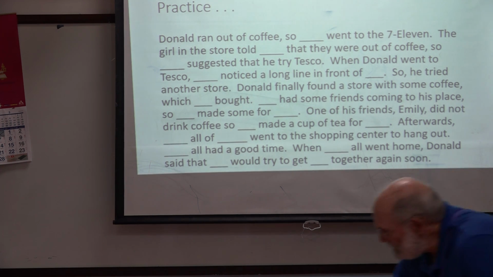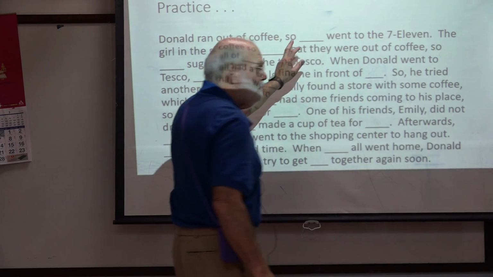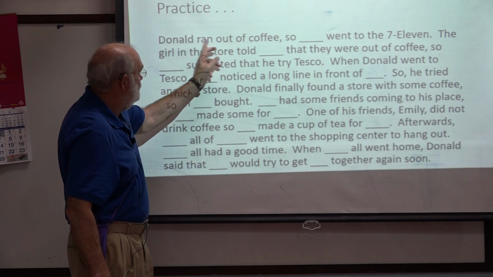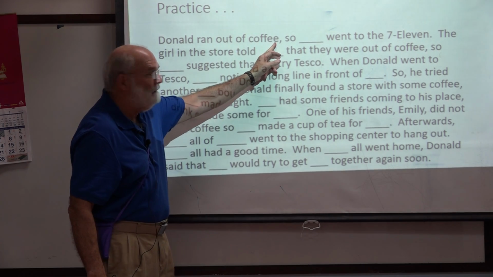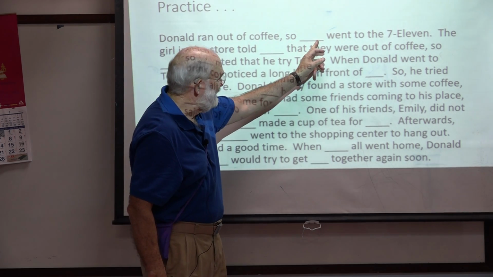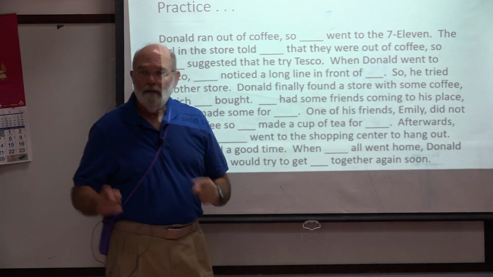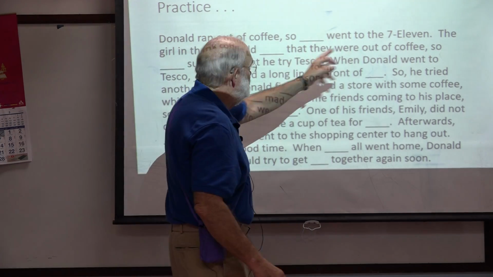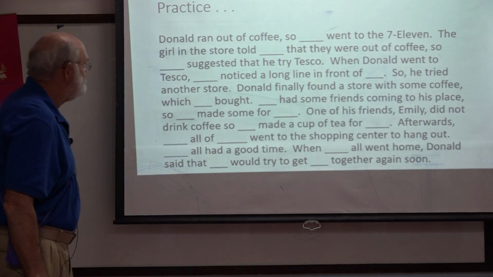He, because we have a clause. Donald ran out of coffee, so this is the main clause, and then we have another clause, so he went. So we have a subject of a clause, he went to the 7-Eleven.